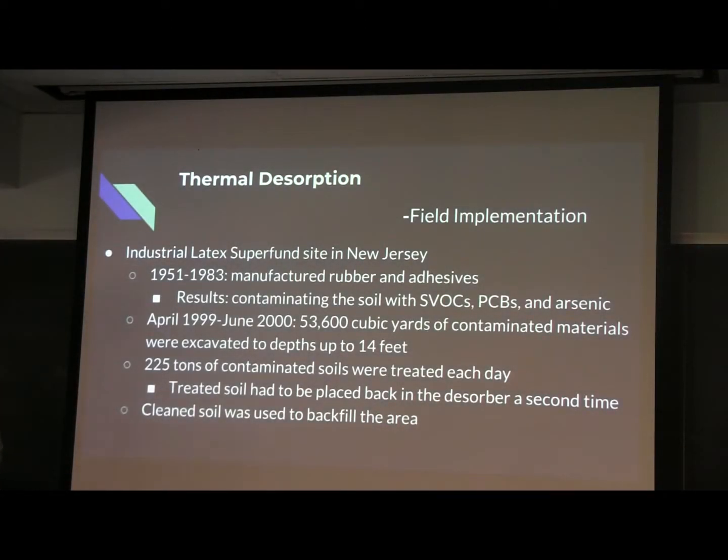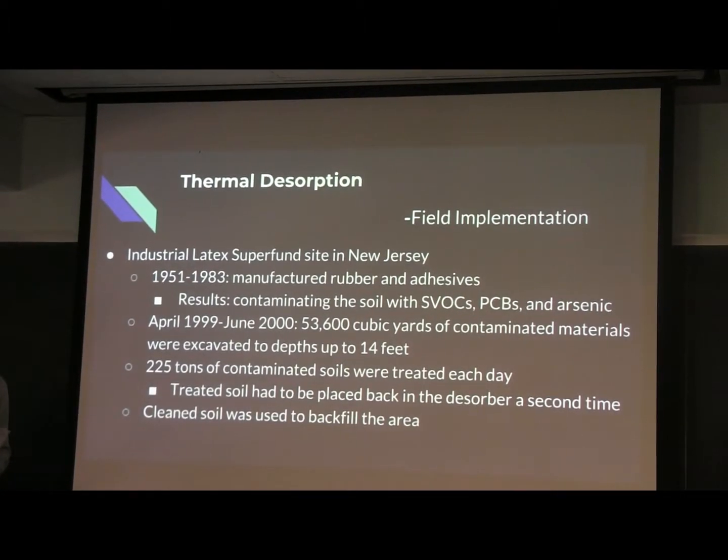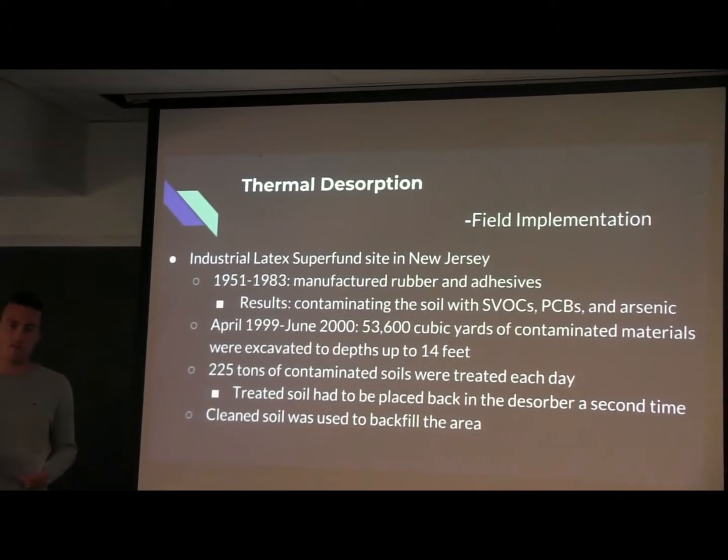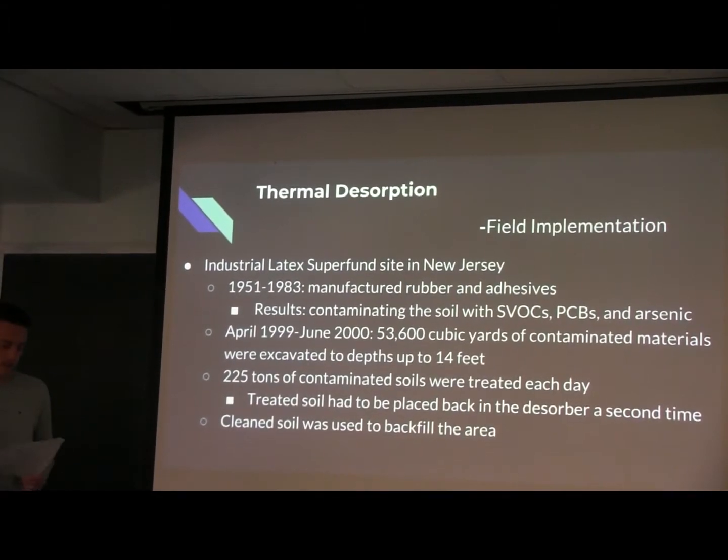Alright, now we're going to move on to a real-world application which was done at the Industrial Latex Superfund site in New Jersey. There, high-temperature thermal desorption was used to clean up contaminated soil. From 1951 to 1983, manufactured rubbers and adhesives contaminated soil with SVOCs, PCBs, and arsenic.